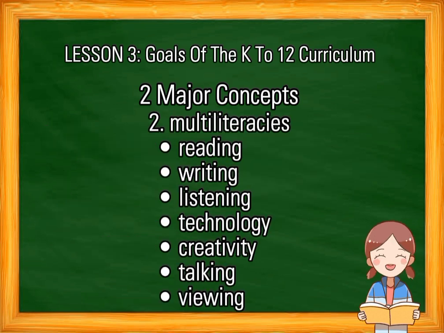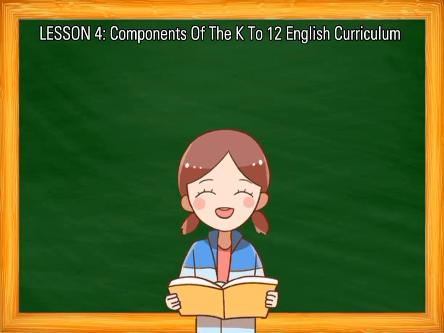The second concept is multiliteracies. Multiliteracies means multiple channels of communication and media. The literacy elements are reading, writing, listening, technology, creativity, talking, and viewing. And now in Lesson 4, the components of the K-12 English curriculum.